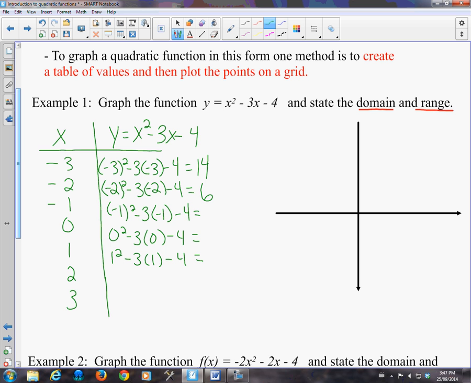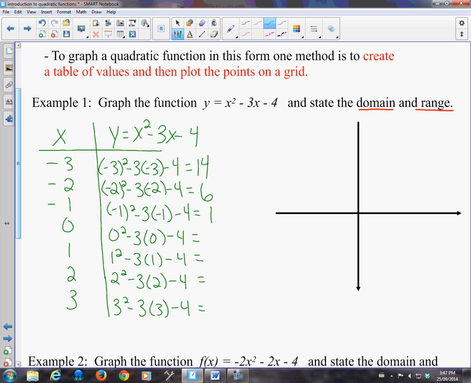And we're going to get each pair for the graph. So when I substitute -1, I have 1 plus 3 is 4. Take away 4 is 0.